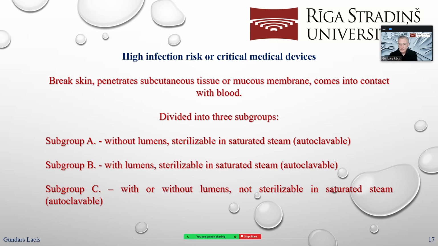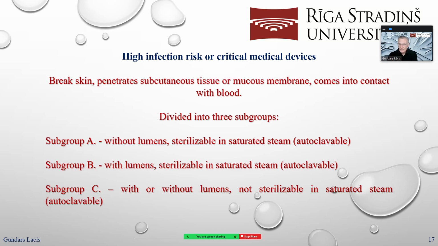And those high risk instruments are divided into three subgroups. Subgroup A, the same, without lumens, but the difference is that they can be sterilized in saturated water steam or autoclaved. Subgroup B, with lumens, and it's possible to sterilize in saturated water steam.